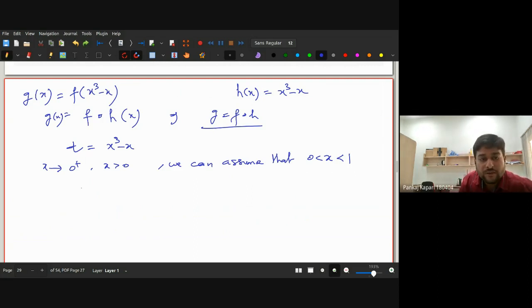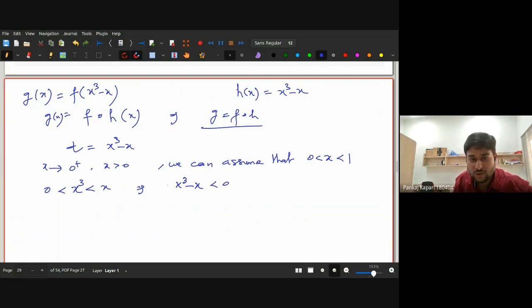When x lies between 0 and 1, you can see that the cube of x is always less than x, and this is always positive. Because the cube of x is always less than x, this implies that x cube minus x is less than 0.